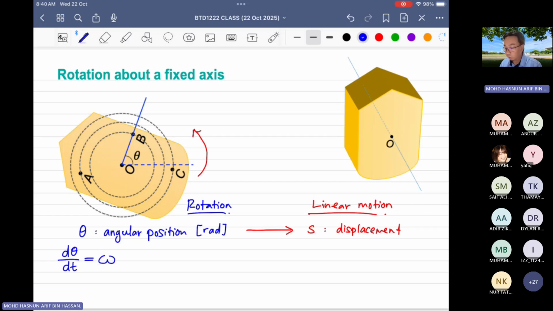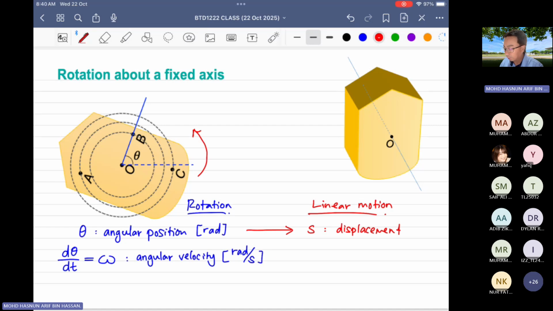Omega is a Greek letter, and this is called the angular velocity. The unit will be radian per second, because we differentiate the angular position, radian, divided by time.